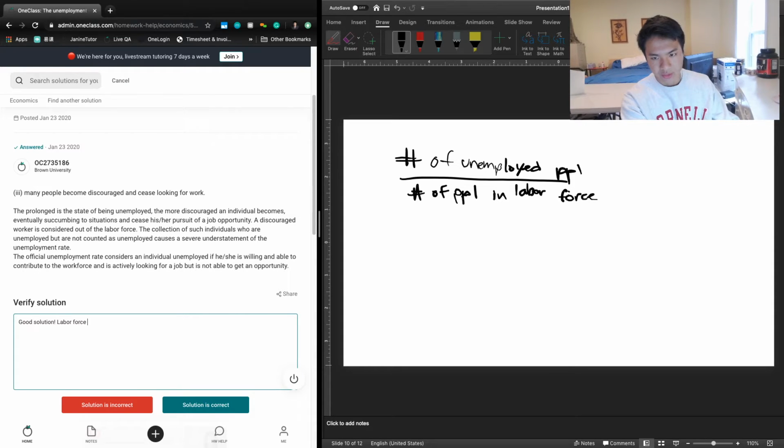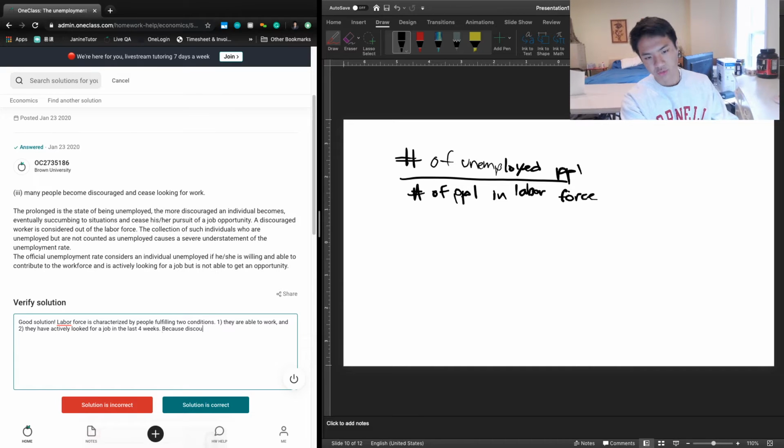Labor force is characterized by people fulfilling two conditions: one, they are able to work, and two, they have actively looked for a job in the last 4 weeks.